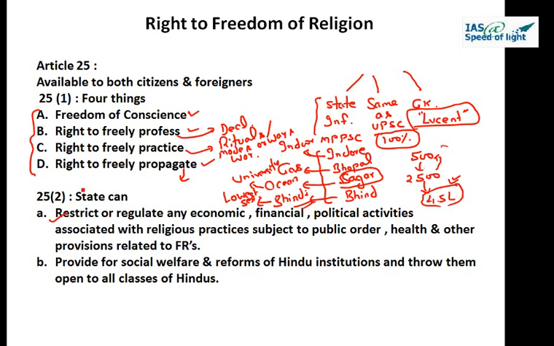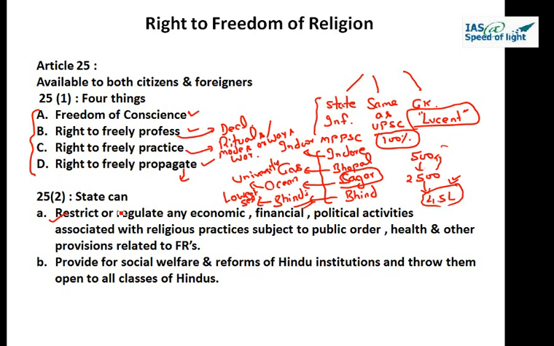This article has two explanations also. Explanation 1: the wearing and carrying of kirpans shall be deemed to be included in the profession of the Sikh religion. So if a person belongs to the Sikh religion, carrying a kirpan is allowed because that is a part of his religion.